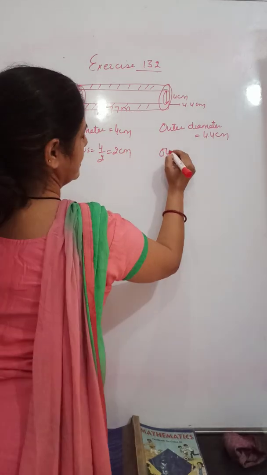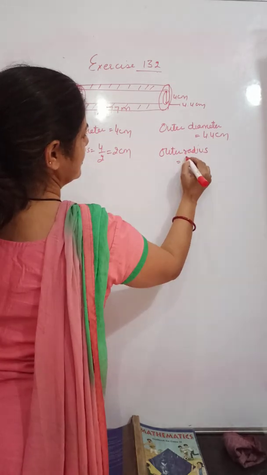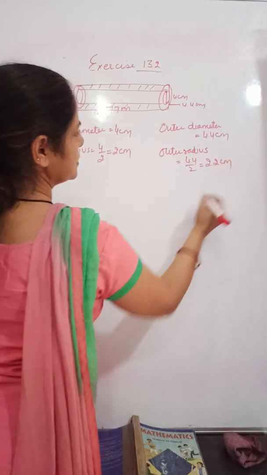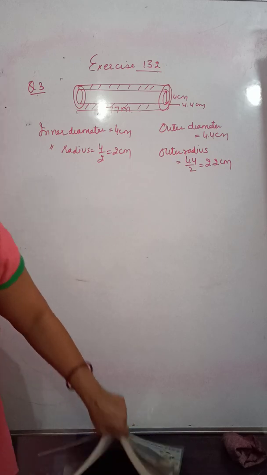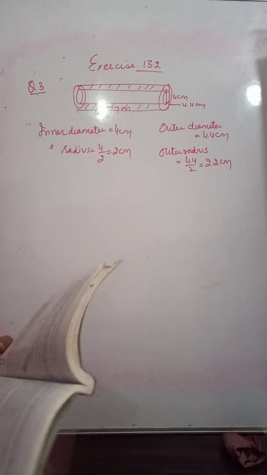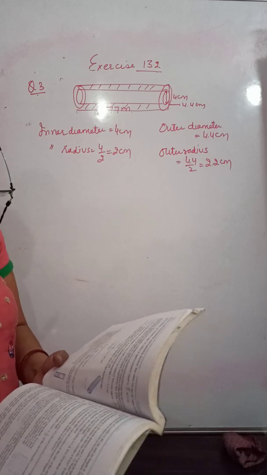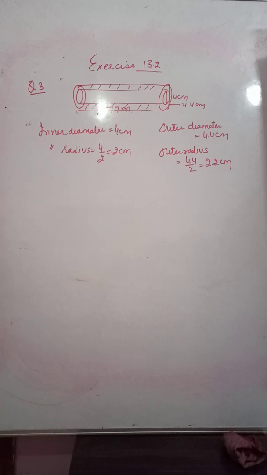And outer radius will be 4.4 divided by 2. It comes out to be 2.2 centimeter. So here we have to find 3 different things. First we have to find inner curved surface area, then outer curved surface area, and then total surface area.